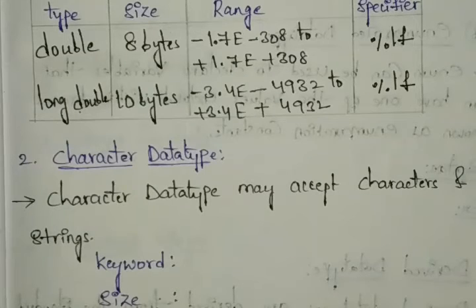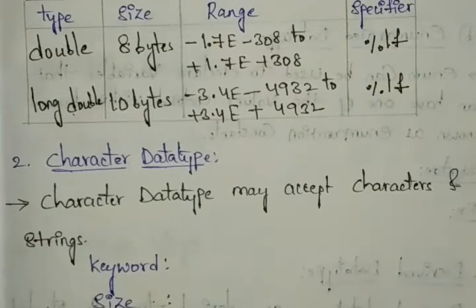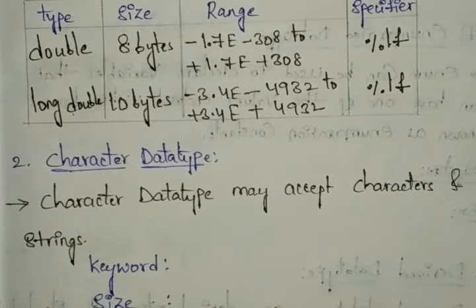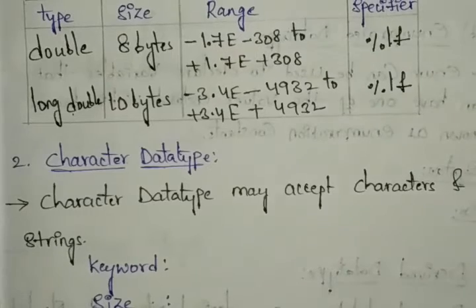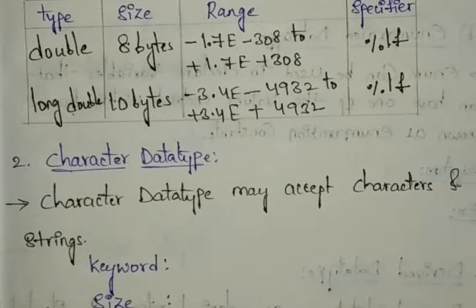In the character data type we can access characters and strings. Whatever has the character data type will just accept characters. Characters means the alphabets, and strings means a combination of characters.